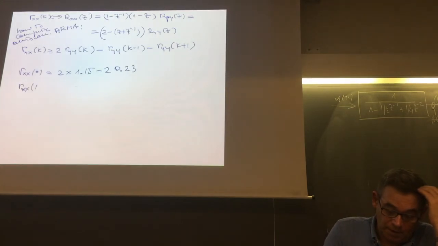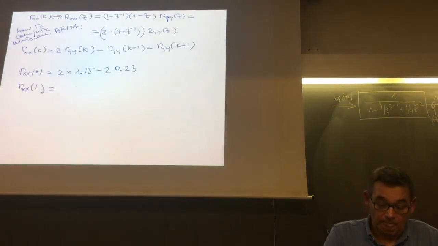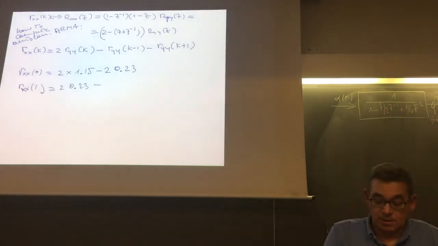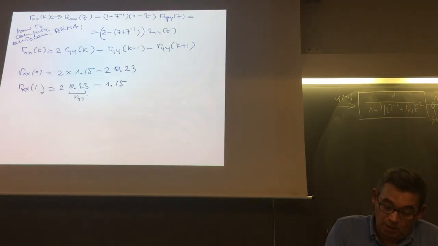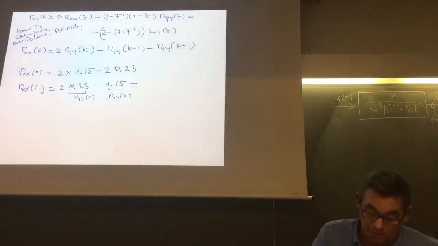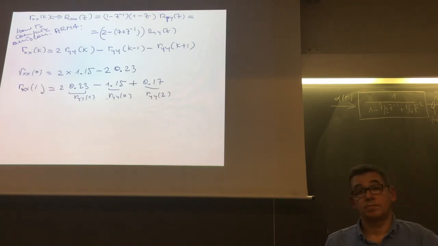Okay. Rxx(1) is equal to 2 times Ryy(1), which is 0.23, minus Ryy(0), which is 1.15, and minus Ryy(2), which is minus 0.17. And then I compute it.